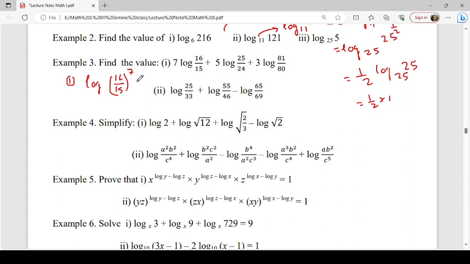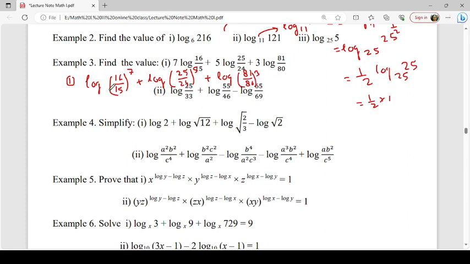Then plus log of 25 by 24 whole to the power 5, and plus log of 81 by 80 whole to the power 3.